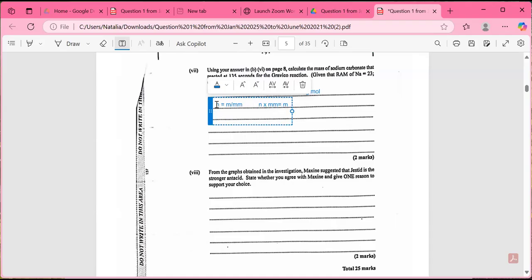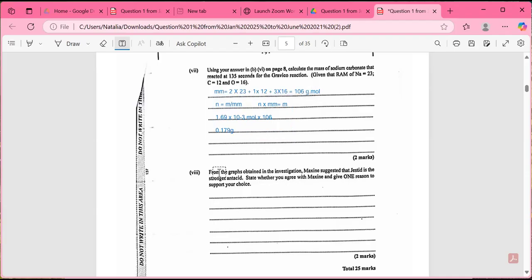So the number of moles is 1.69 times 10 to the negative 3, times the 106. Anybody work it out? I got 0.179. That's what I got as well, miss.